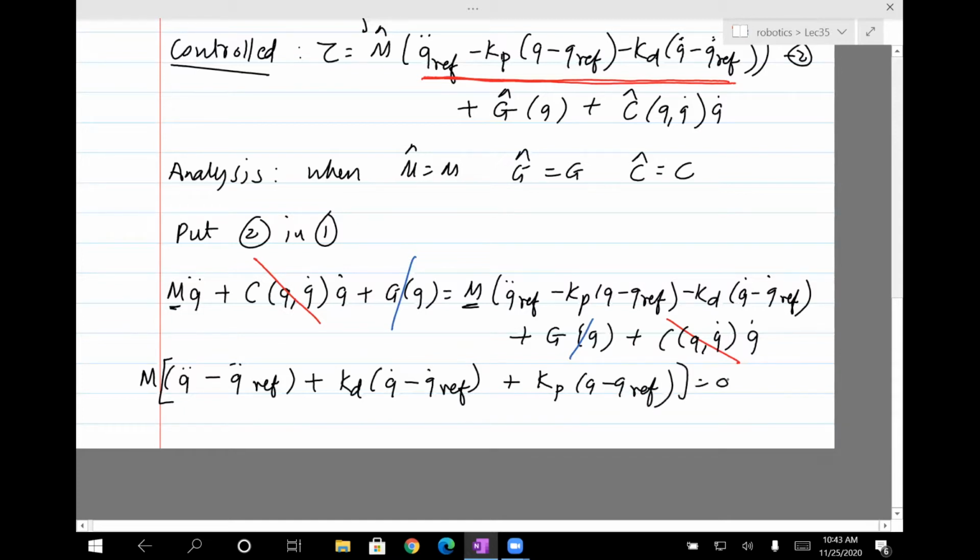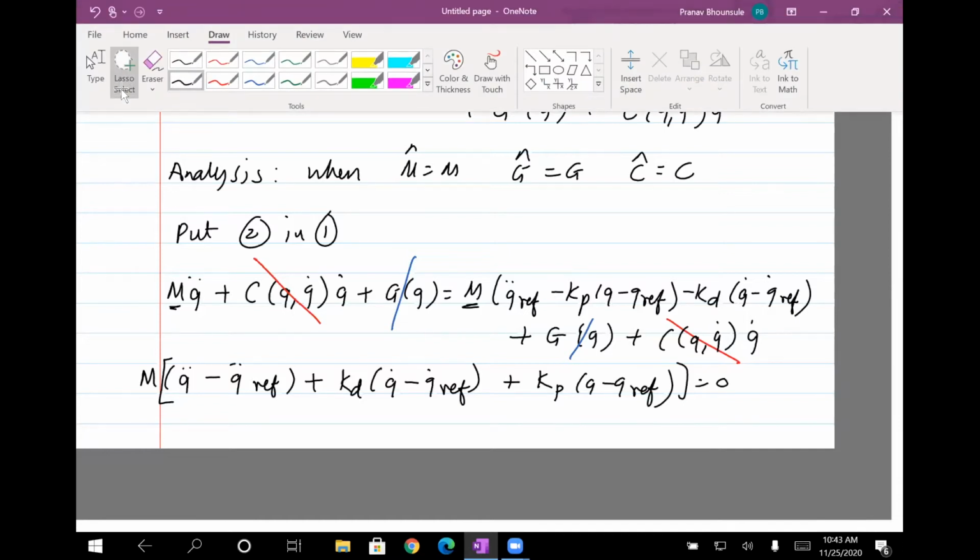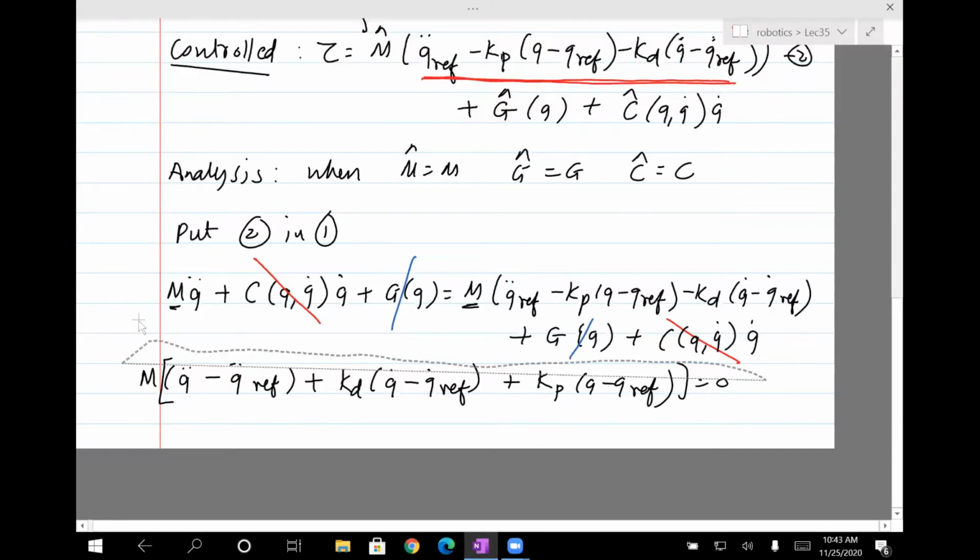Now we take this expression and move it to the next page.